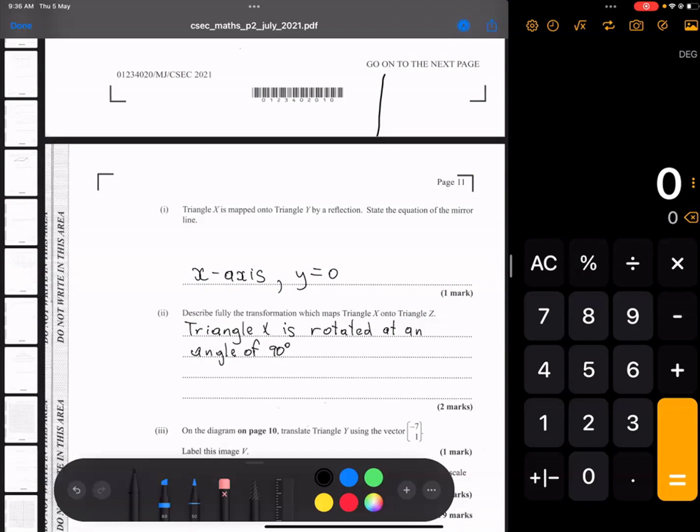Anti-clockwise. From the origin. Alright, that would simply give us our full 2 marks: an angle of 90 degrees anti-clockwise from the origin.